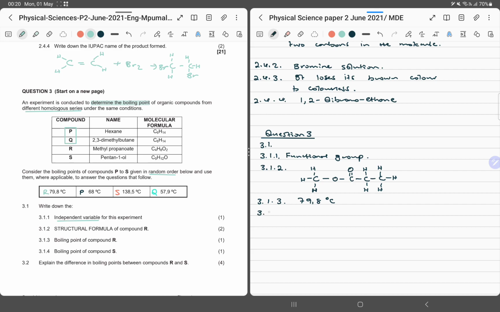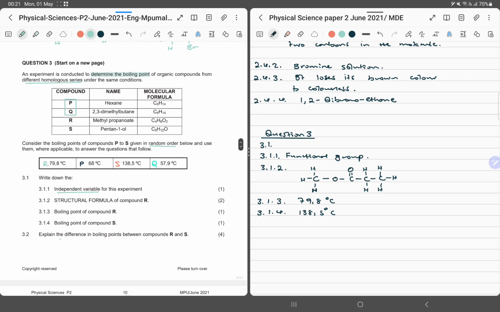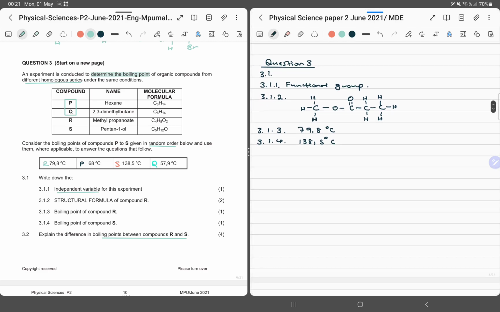All right, 3.1.4, the boiling point of compound S, so it's 138,5 degrees Celsius. Not a problem. So it says now explain the difference in the boiling points between compound S and R. So this is one of those questions which are problematic.